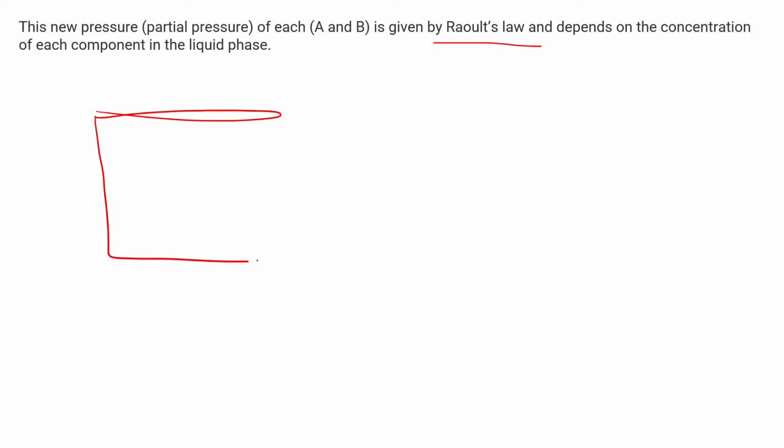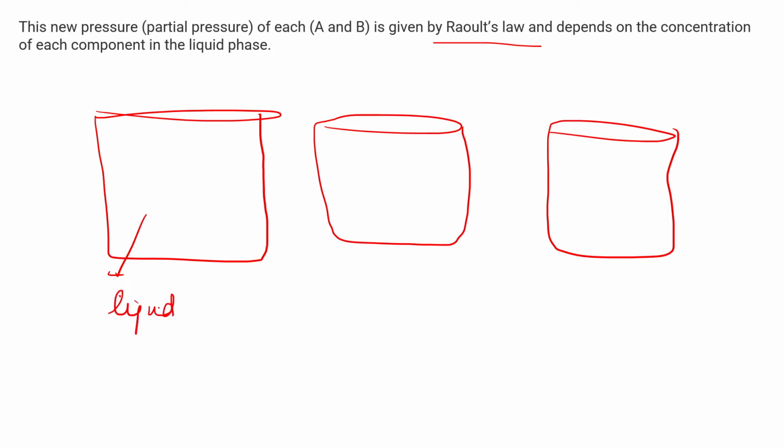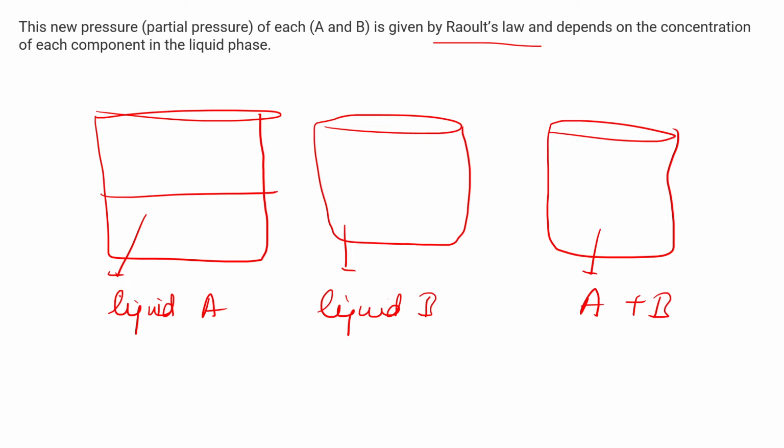Raoult's law says that, let's say you have three beakers we'll consider. This one contains liquid A, this one contains liquid B, and this contains A plus B. Liquid A will form these red components, which will evaporate and exert a partial pressure of P naught A. P naught A, why?